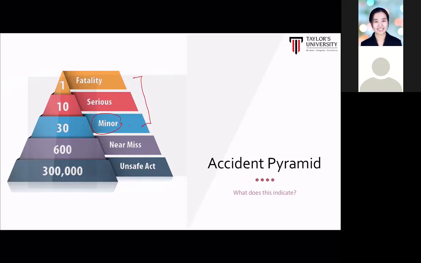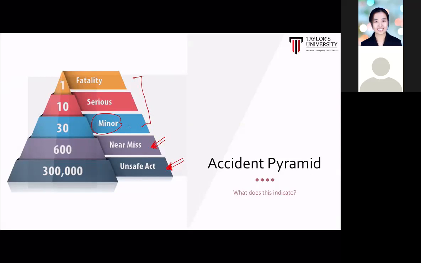As engineers, we often want to focus on these two areas, especially near misses and any form of unsafe act carried out by your employees, your operators, or even yourself. Later on, when you work as a process engineer, maintenance engineer or service engineer, you will notice that people around you sometimes do small things that make you go, hey, why like that?